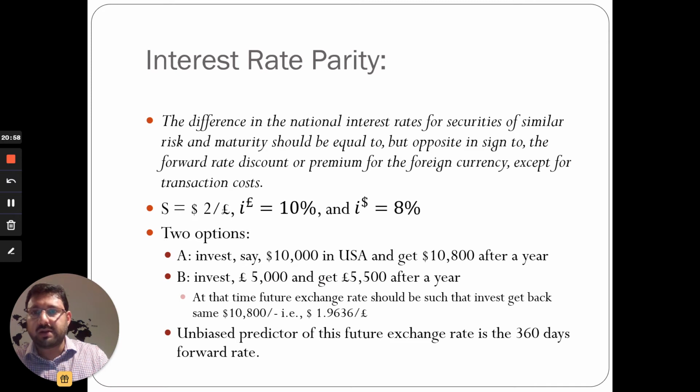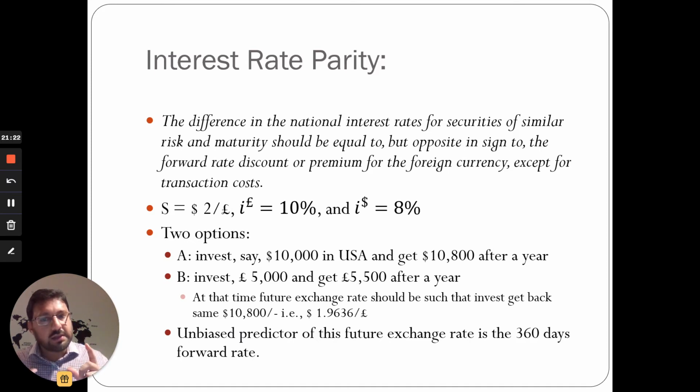The interest rate parity is saying that the difference in the national interest rate for securities of similar risk and maturity should be equal but opposite in sign to the forward rate discount or premium for the foreign currency, except for the transaction cost. So in simple words, the concept is simple.